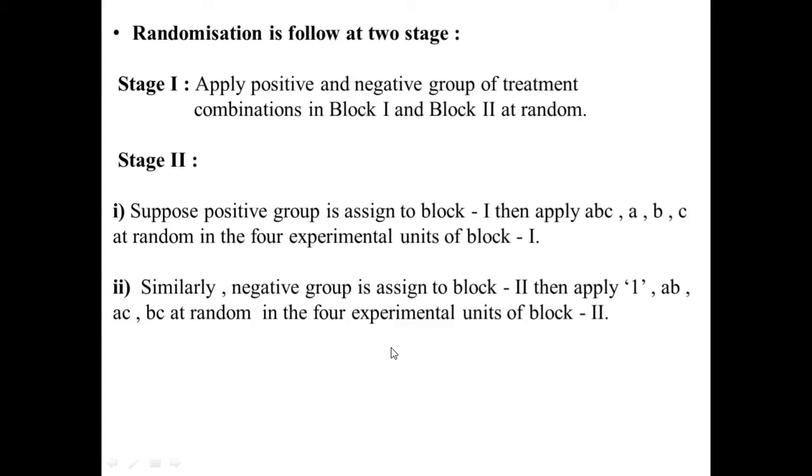In the second stage, if we assign the positive group to block 1, then we assign those treatment combinations to the units of block 1 randomly, and similarly in block 2 for the negative sign treatment combinations.